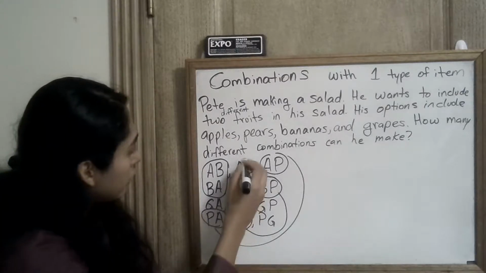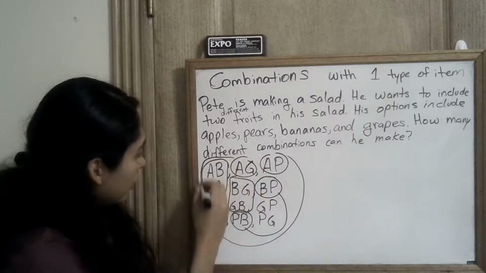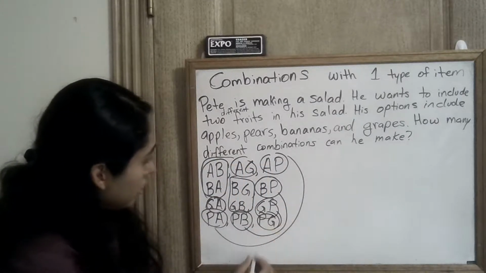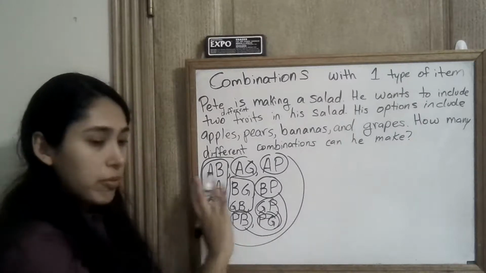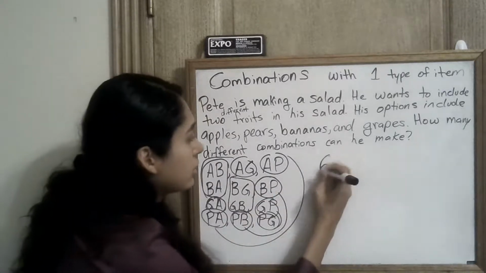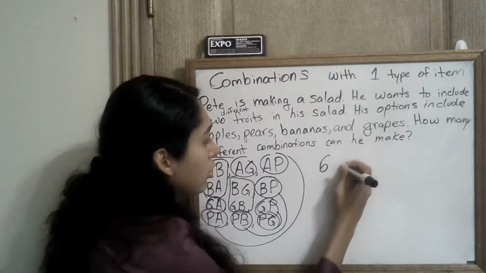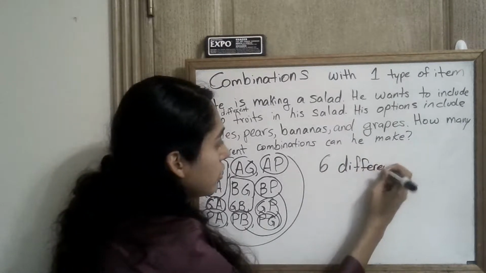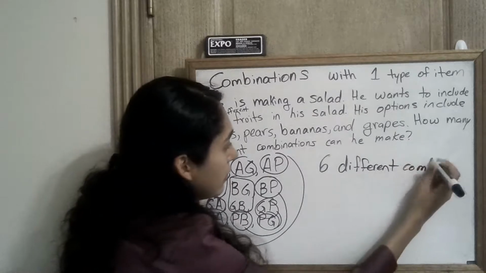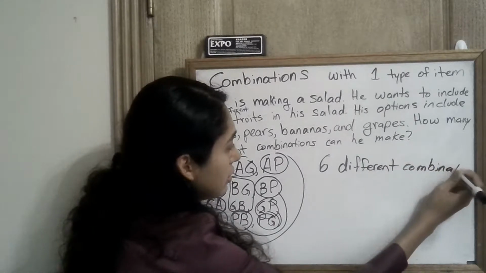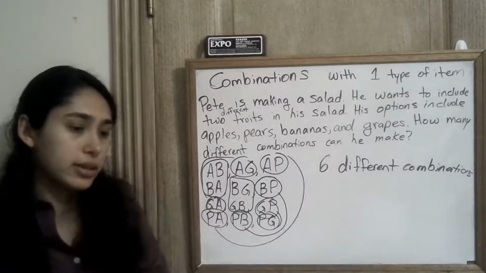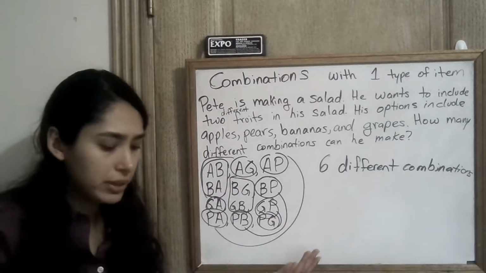Oh no, actually no, these also go together. And these go together. So from this, we can tell that there's actually 6 different combinations. So that's one way we can do things, although it does get pretty messy.